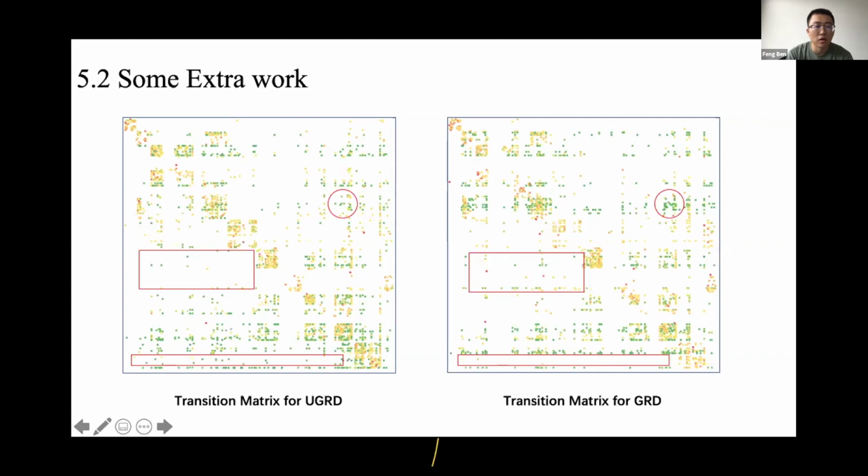We find the transition matrix is different between undergraduate and graduate students. This is the heat map of the transition matrix. We circle some different places in the figure. After dividing students into several categories, the synthetic data would be more accurate when generating it.